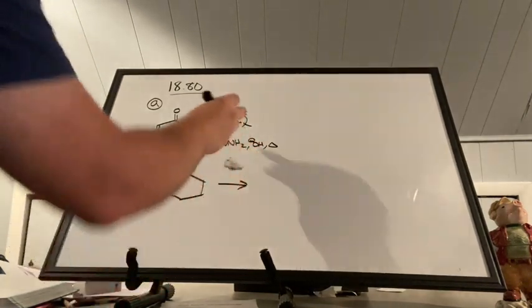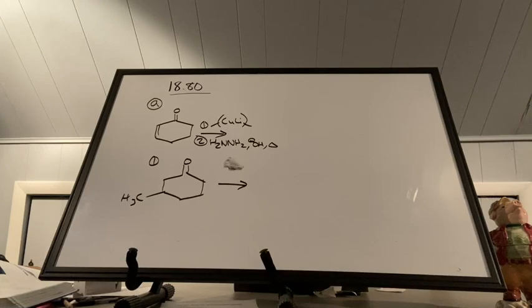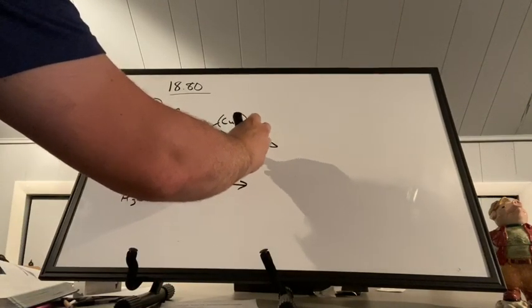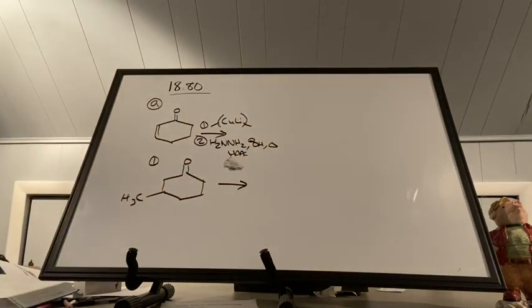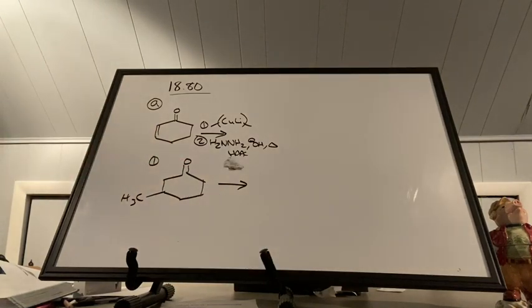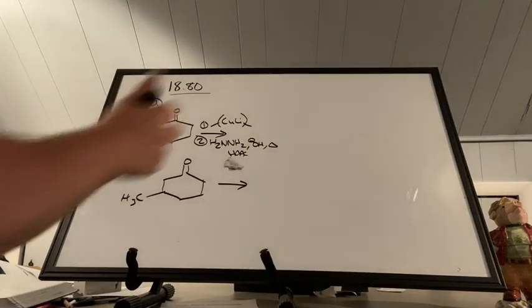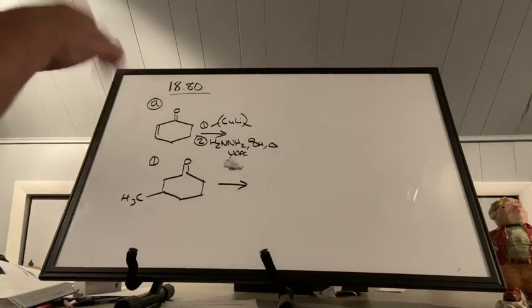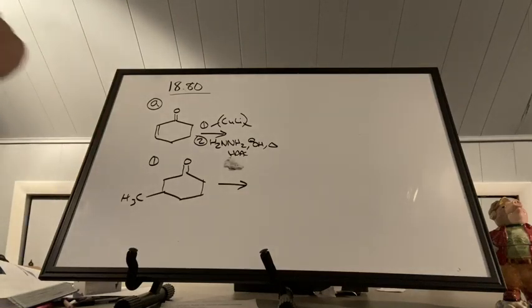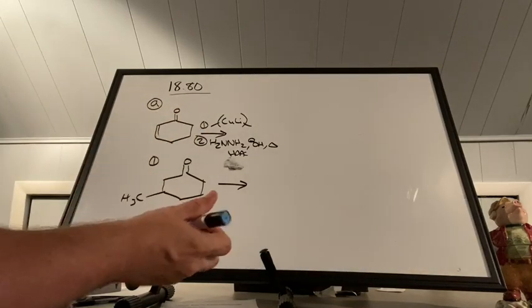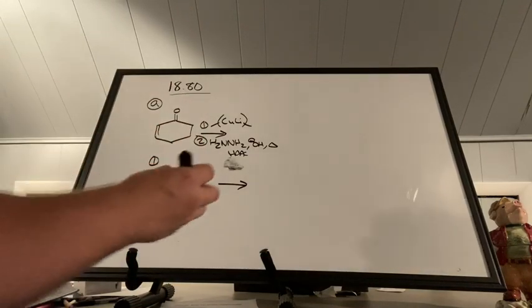this is just going to be under Wolff-Kishner conditions. Your book doesn't really write it, but you're probably going to need some kind of acid catalyst to drive that forward. So what that's going to do is form a hydrazone with that particular carbonyl, and then that OH, in addition to applied heat, is going to basically strip off all the hydrogens and make this carbon basic to where it's just going to pick up hydrogens elsewhere.